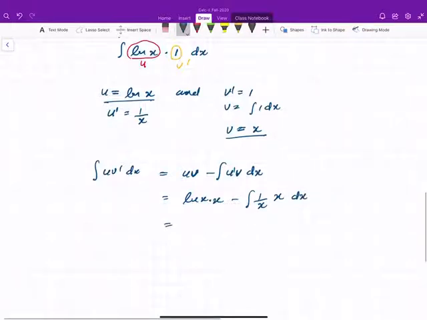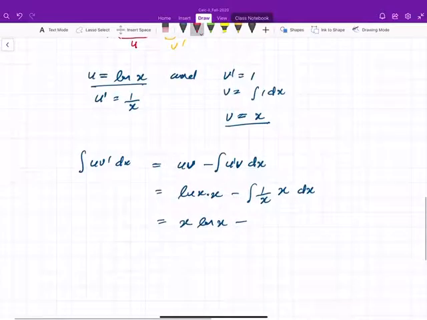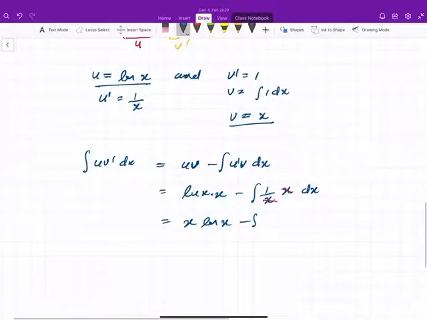Let me simplify this. I can cancel this x to that x, then I write 1 dx.